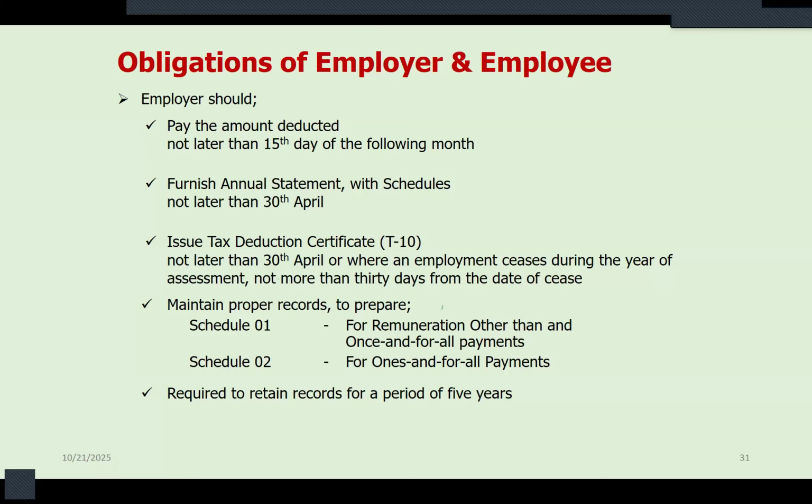That means not only the cash benefits, but non-cash benefits also should be included in this T10 form, because non-cash benefits are also liable for taxes. So these schedules should be prepared separately. In addition to that, the employer should keep all these documents with him for a period of 5 years.